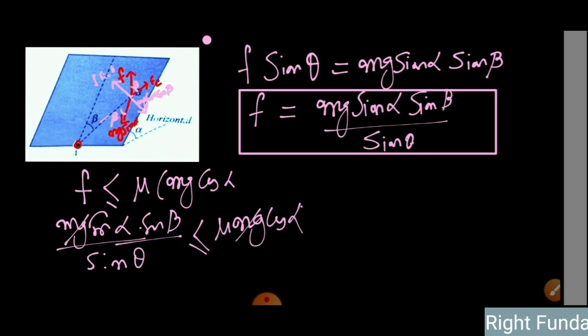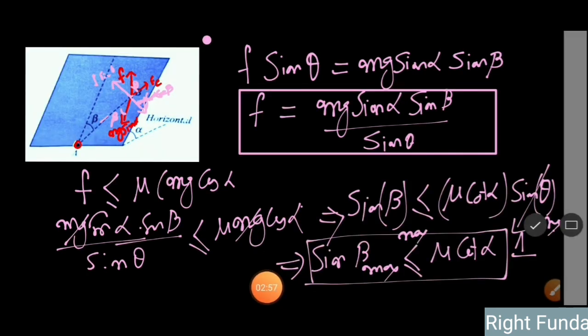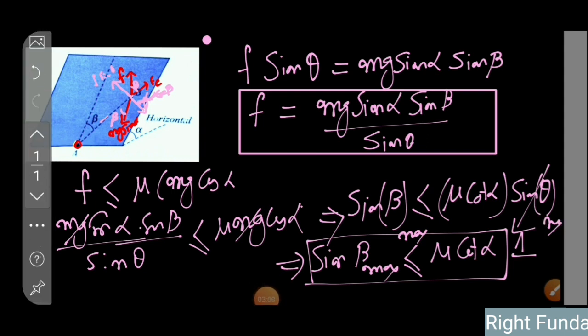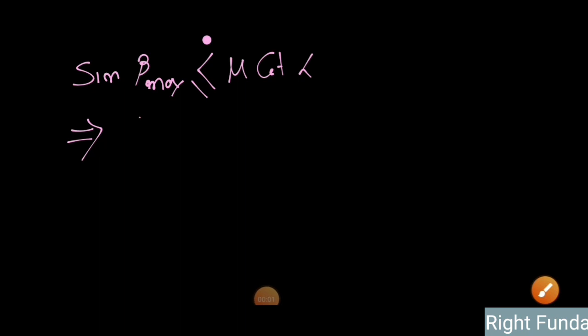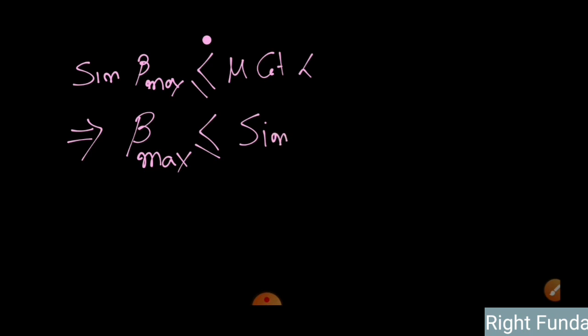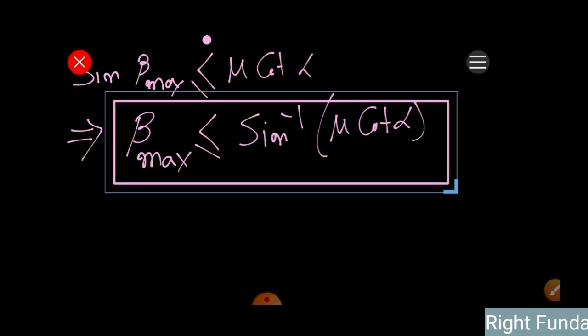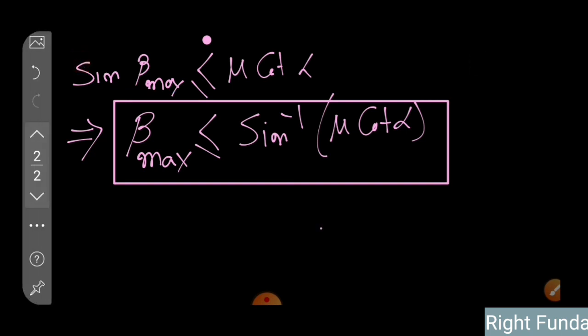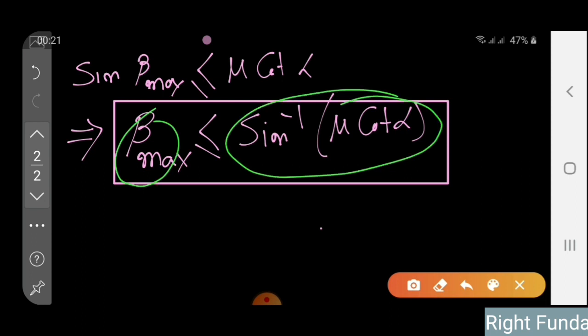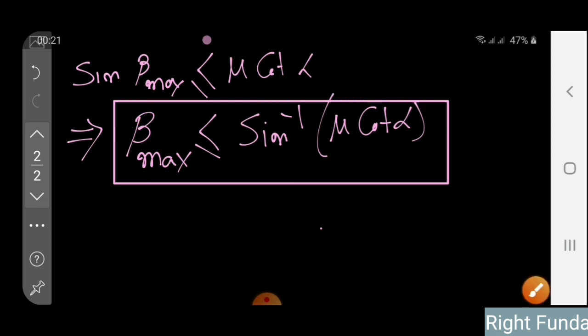The mg gets cancelled, and I take terms to this side. We get beta max is less than or equal to sin inverse of mu cot alpha. So we can put the charged particle along the line making angle beta, and the maximum value of beta is this much, so that the particle can remain in equilibrium.